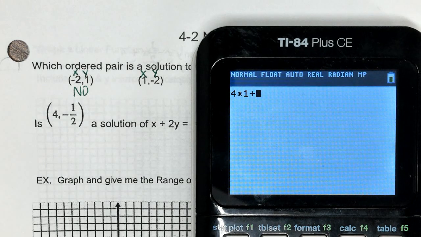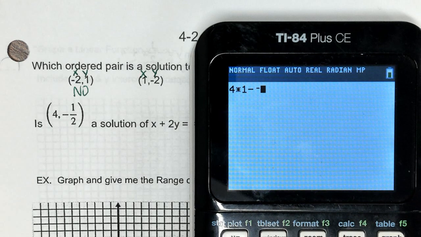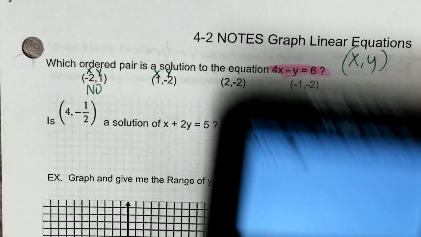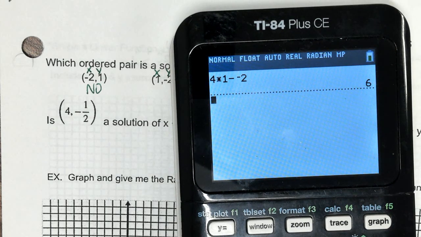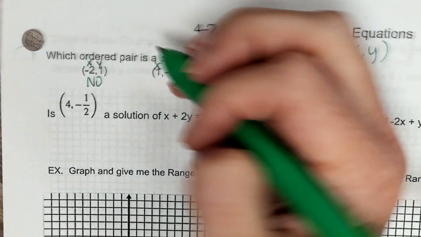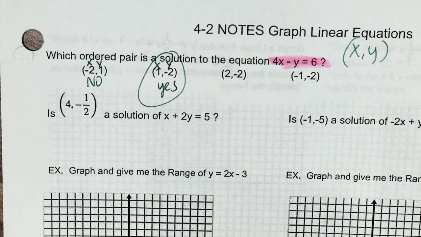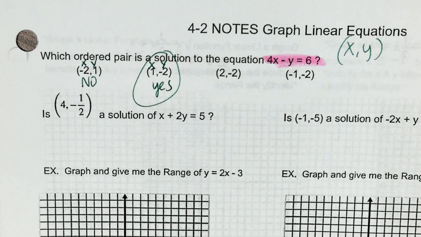Or you could just put minus -2. The calculator knows that means plus 2. Okay, is that equal to 6? Yes. So this one's a yes, so I would circle it. That's the ordered pair that's a solution. A solution means it falls on that line.